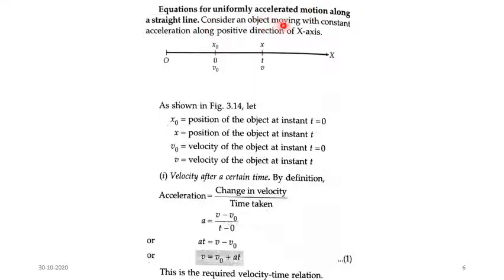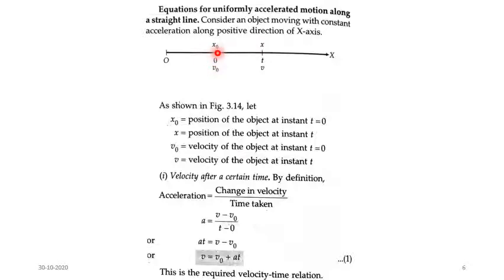Now consider an object moving with a constant acceleration along the positive direction of the x-axis. So suppose you have an object moving along the positive x-axis. Let us suppose its position is initially at this point O, or I can say 0. At time t equals 0, the object is at x0, and its velocity at this point is v0.